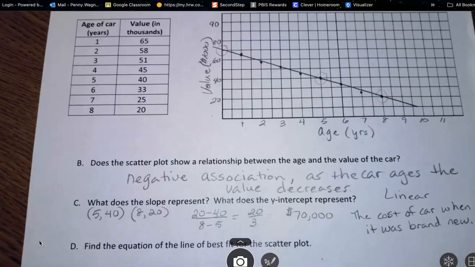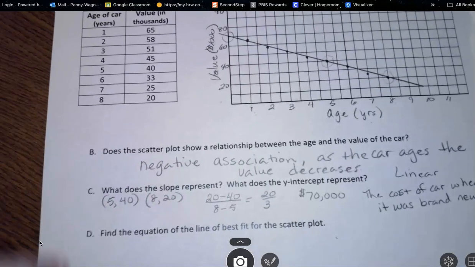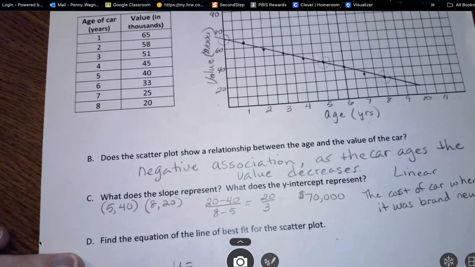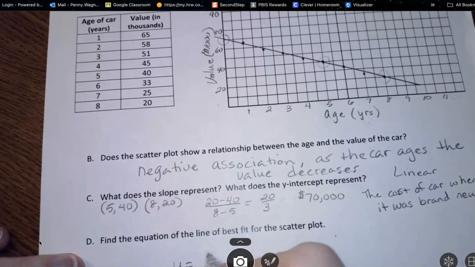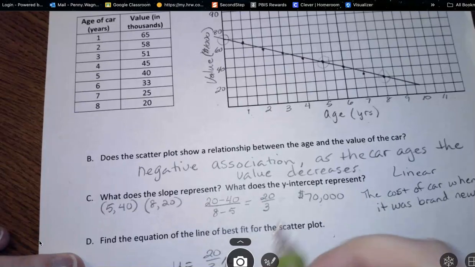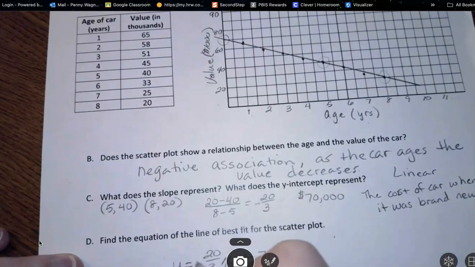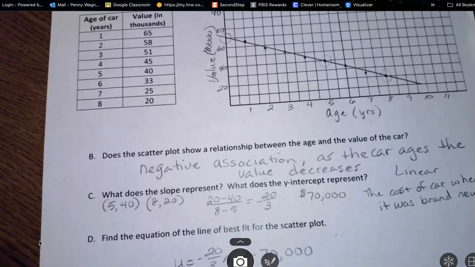So now that I've done that, I have everything I need to write my equation. Using slope-intercept form, y equals 20 over 3 x, and it started at 70,000. Pardon me, this was a negative 20 over 3.